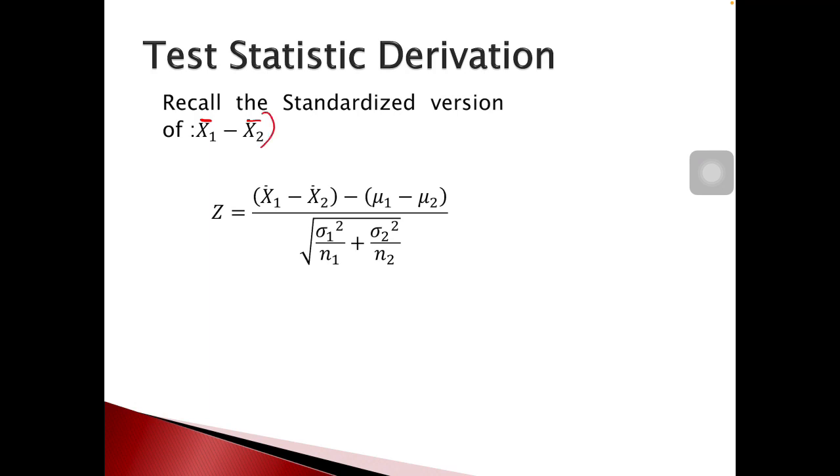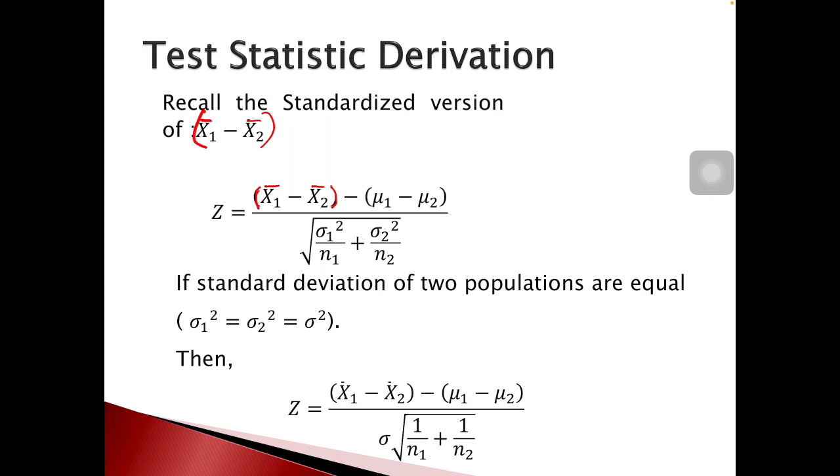This is our term, x1 bar minus x2 bar. We are dealing with the distribution of x1 bar minus x2 bar, and this is how we standardize it. We call it capital Z. We did this in our last chapter, chapter 10.1, the standardized version.